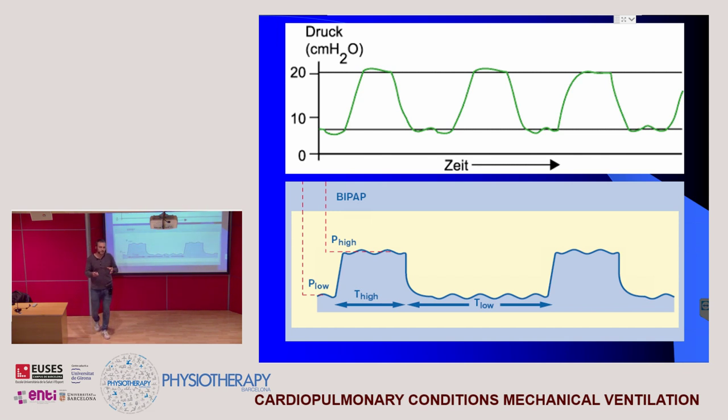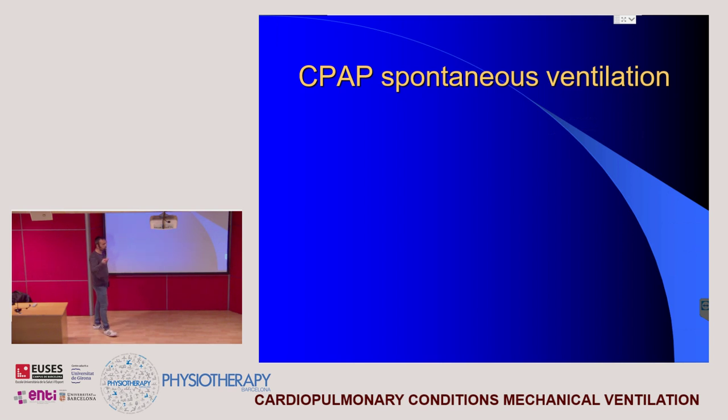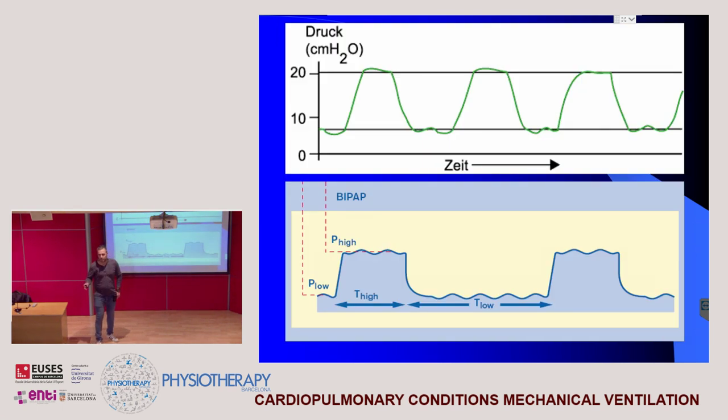So probably this is the most important difference between them. They are both pressure-based. They both permit the patient to decide the frequency and the volume in exactly the same way. The patient has to be activated, conscious, awake, etc. And the only difference is the pressure during the expiration.